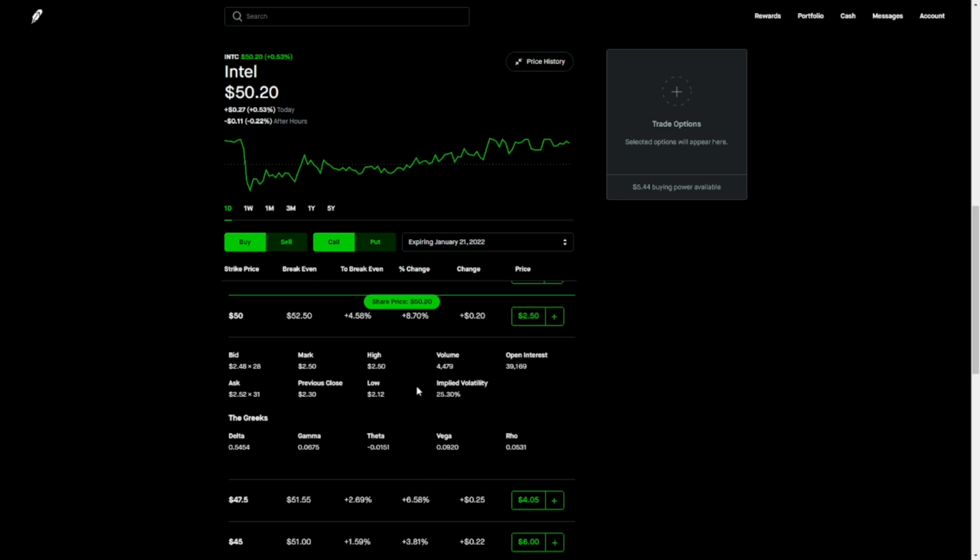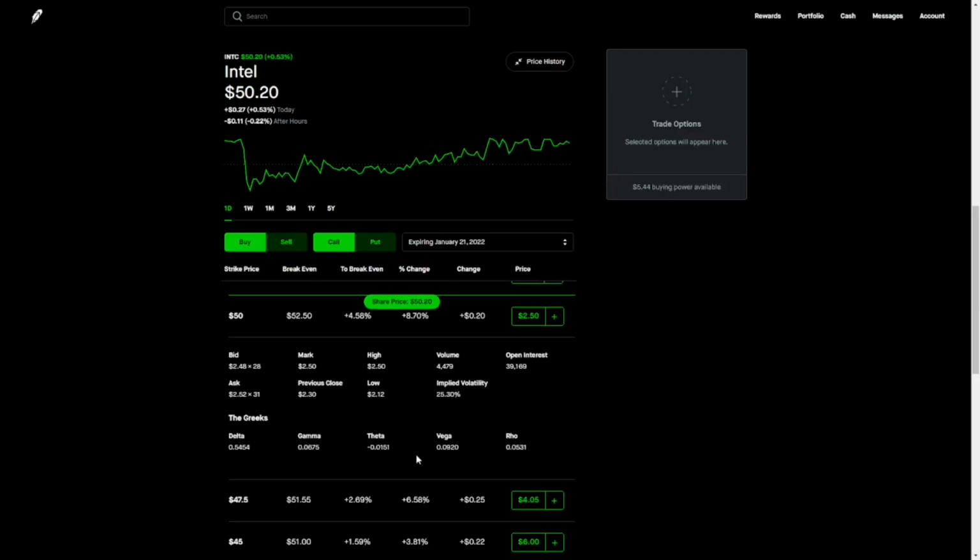Vega. So we go from Vega back to implied volatility. Vega just means how much the premium goes up or down as implied volatility moves by percentages. Implied volatility increases. The more volatile your stock is, the more the premium goes up.